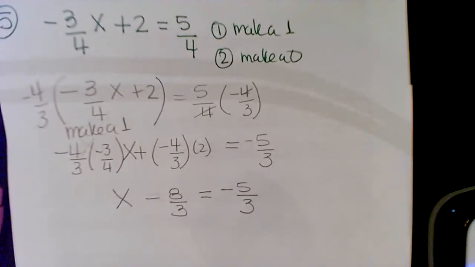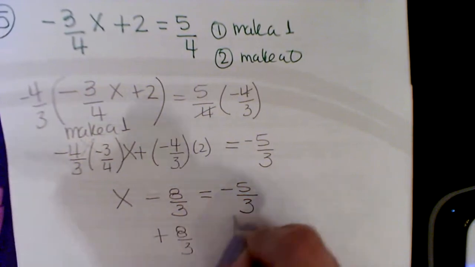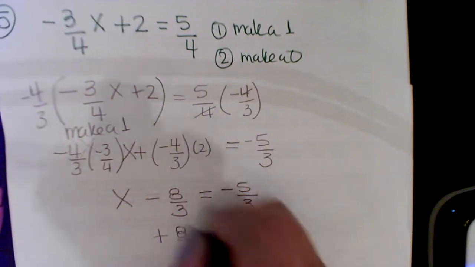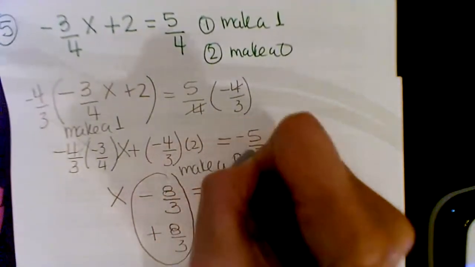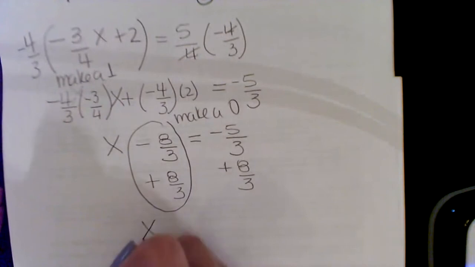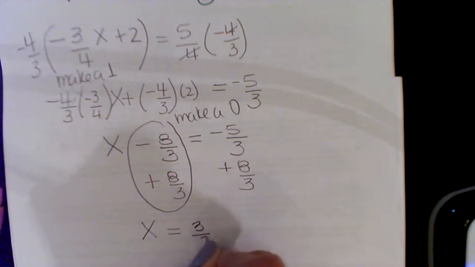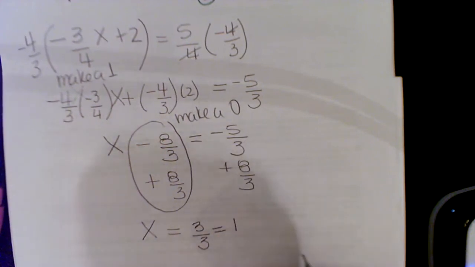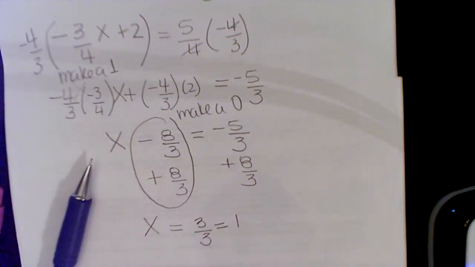Now what do I do? I'm going to make a 0 by adding 8/3. Okay, so it's going to be x is equal to what? -5 plus 8 is +3/3, and this is equal to 1. All right, that's for this part.